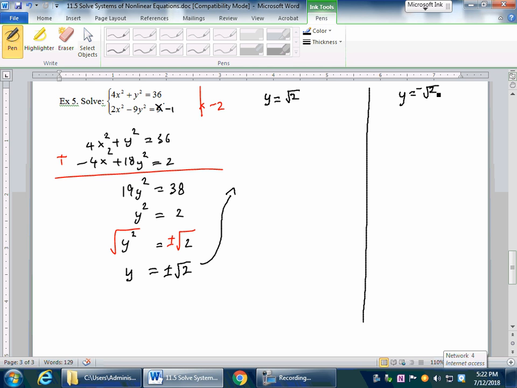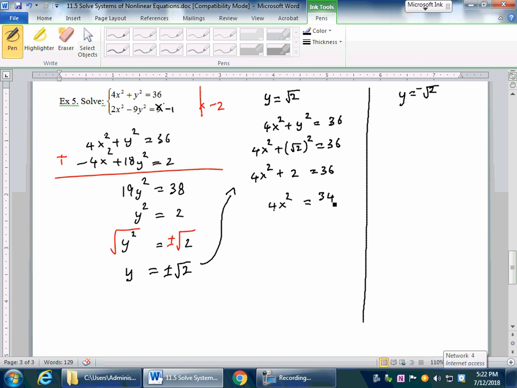So in this case, choosing the first one, 4x squared plus y squared equal to 36. So it will be 4x squared plus my y squared, square root of 2 squared, equal to 36. So 4x squared plus 2 is equal to 36. And 4x squared equal to, I'm going to subtract 2 from both sides, it will be 34.